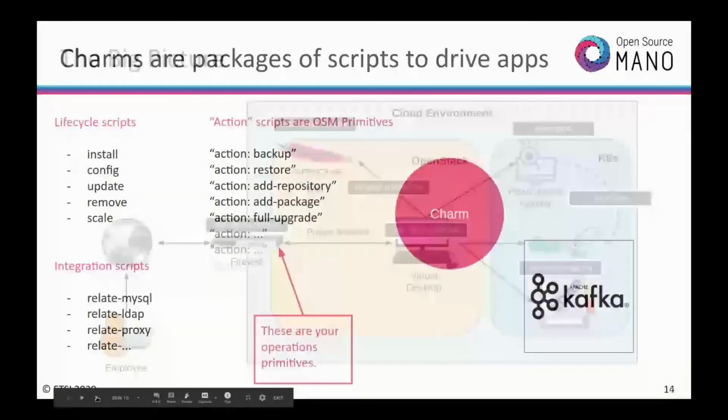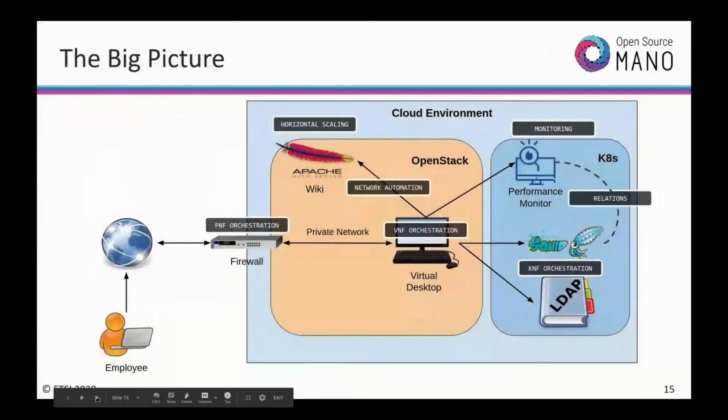So going to our big picture, here we have our firewall with our physical network function orchestration. We've got our virtual network function orchestration. The creation of the wiki server is going to demonstrate some network automation where networks are created on demand. We're simplifying the network automation in that we're not using SDN overlays or underlays in any of this here, right? This Hackfest.